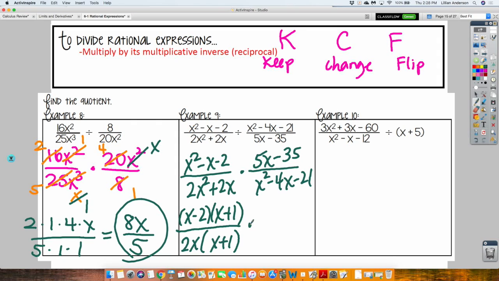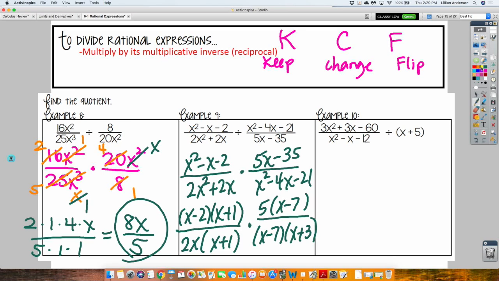What about the top of the second fraction? Take a 5 out. That leaves me with what? Always look for GCF. And what about the bottom? Okay, so I heard x minus 7, x plus 3, because you're looking for the two numbers that multiply to give you negative 21 and add to give you negative 4. And my favorite part, I like this because I get to cancel out stuff, and it's nice and neat.